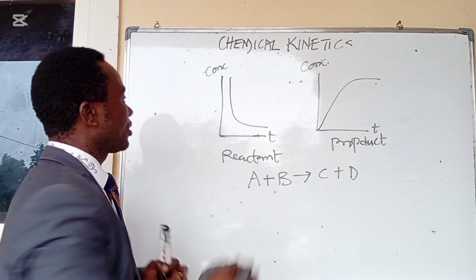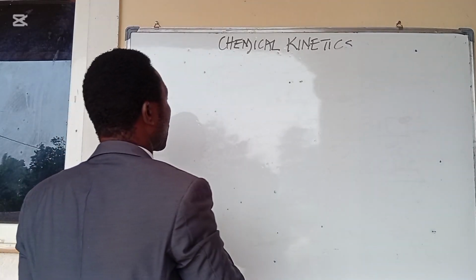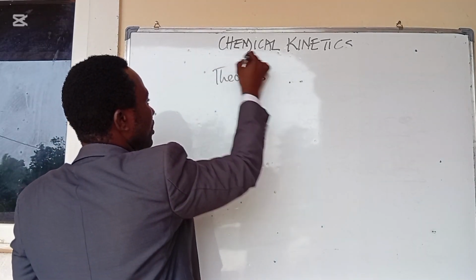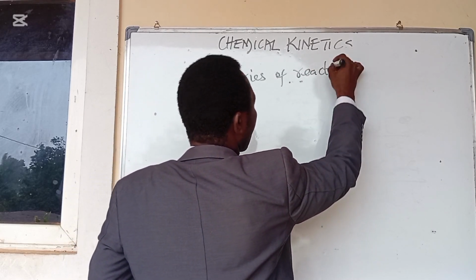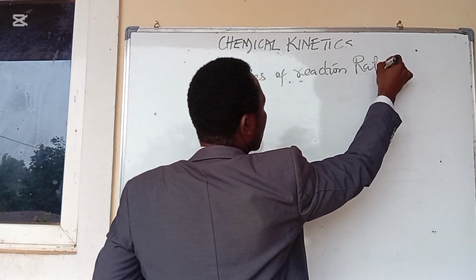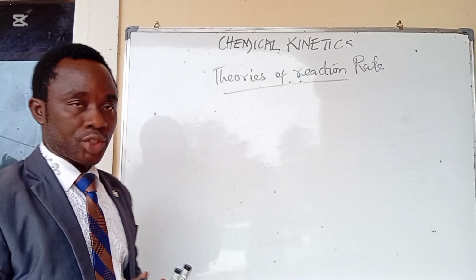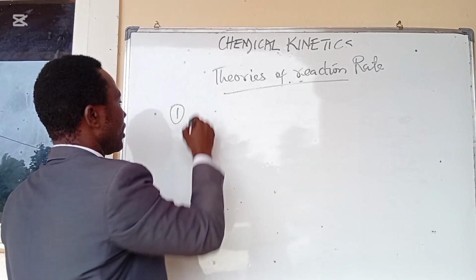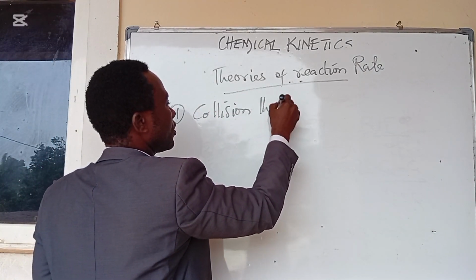What are the theories of reaction rates? The theories of reaction rates are those theories that are put forward to explain the rate of chemical reaction. One of the theories of reaction rate is collision theory.